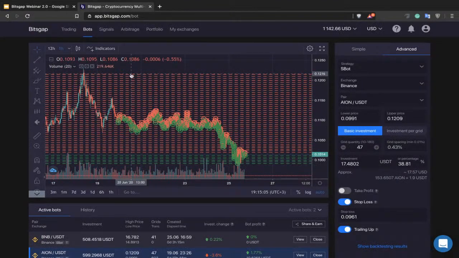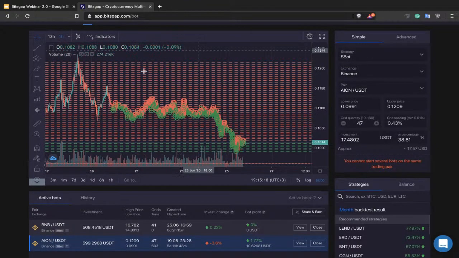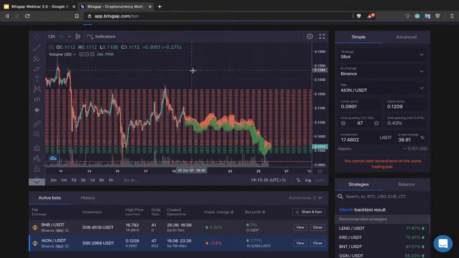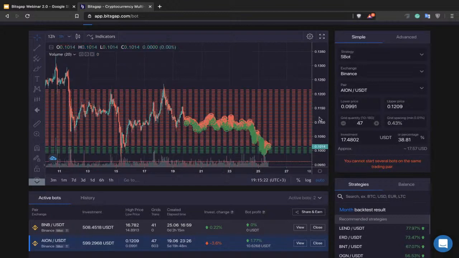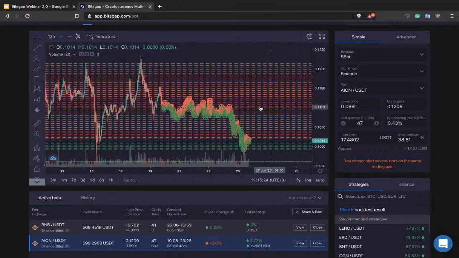So let's go to Bitsgap main page here, go to the bot section, and let me demonstrate how you can initiate the bot. So on the left side here you see the chart, which you can zoom out and zoom in any possible way you want.